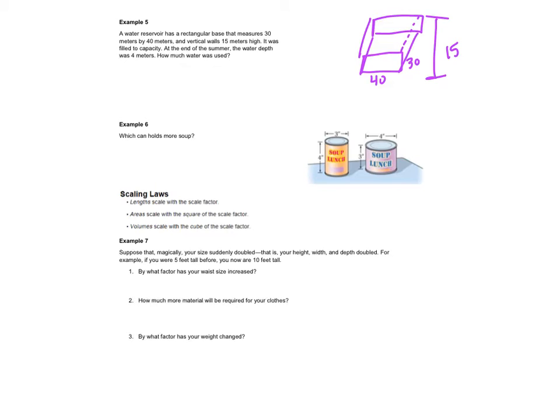All right, so now it says at the end of the summer, the water depth was 4 meters. Okay, so first off, if I'm filling something inside, that means I'm looking at the volume. All right, so let's look at our volume formula. The volume of a rectangular based three-dimensional shape is going to be length times width times height.